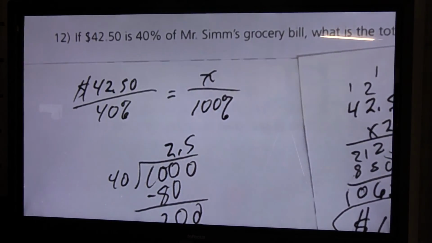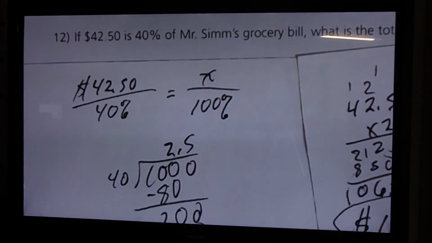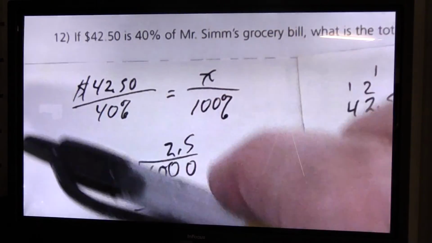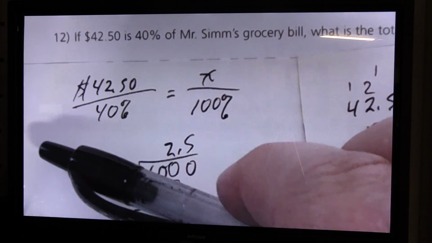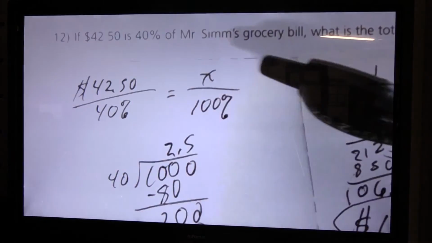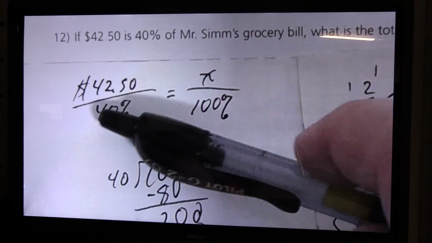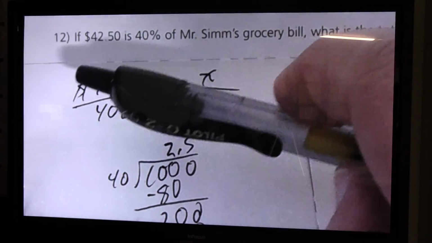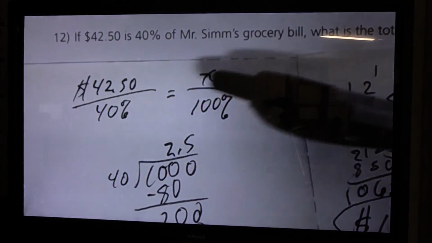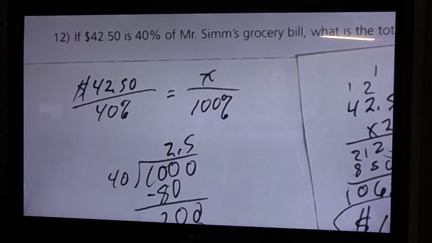See, the way I did this one, maybe I could have had 40% on top and $42.50 down on the bottom, as long as I had the corresponding ratio here, as long as I had 40 to 100%, $42.50 to X, either way, as long as I had those lined up properly. But that's how you had to do it.